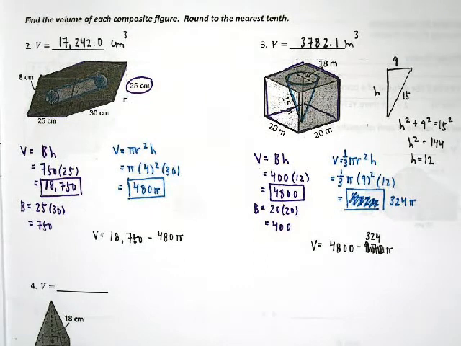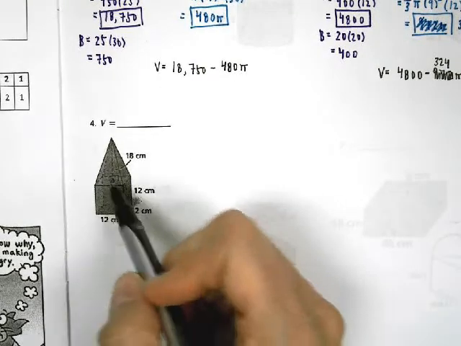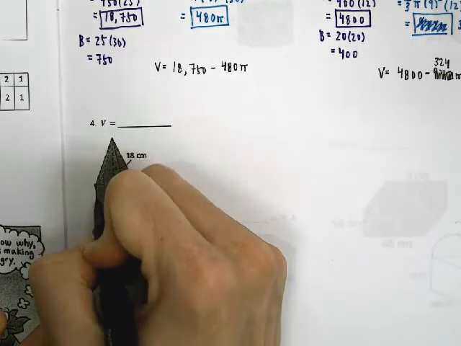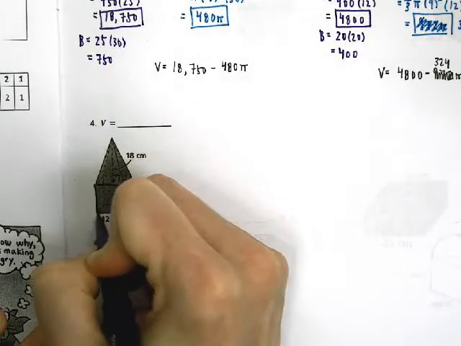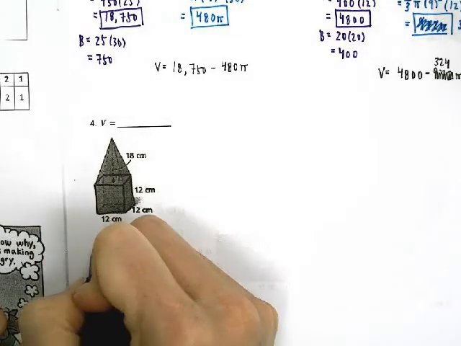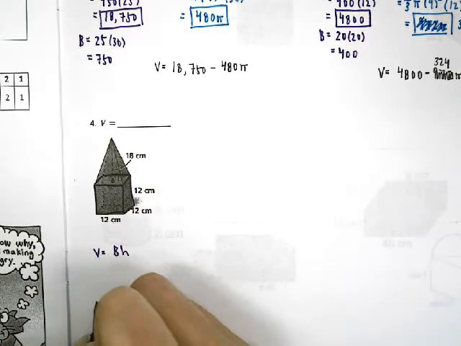All right, so we're just going to do one more example here to round out the video. Now we're back to adding two figures together to get our composite volume. So here I have, it looks like a cube actually, because all those dimensions are the same. So my volume is going to just be the area of the base times the height.